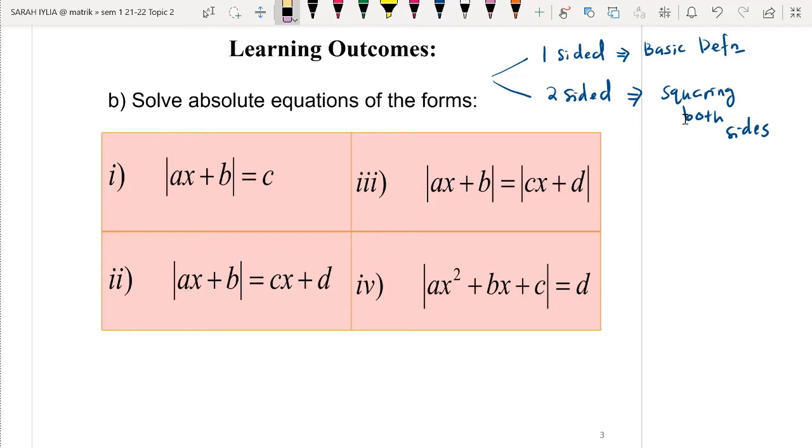Based on these four types of absolute equation, number 1, number 2, and number 4 will be one-sided absolute equations, and number 3 will be a both-sided absolute equation.